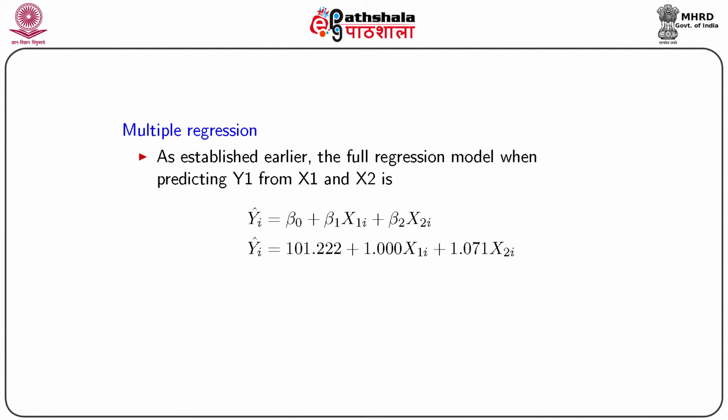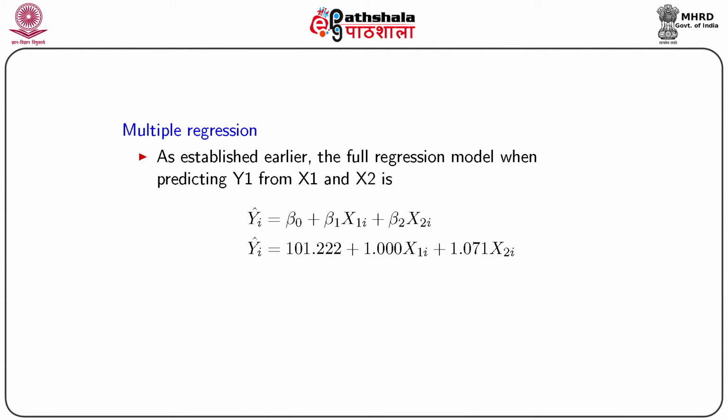As we have established earlier, a full regression model which is predicting the value of y using both the explanatory variables x1 and x2 is written as yi hat equals beta naught plus beta 1 x1 plus beta 2 x2.